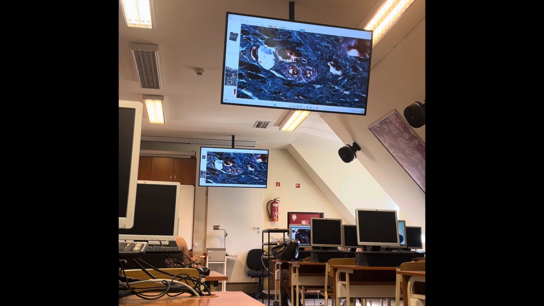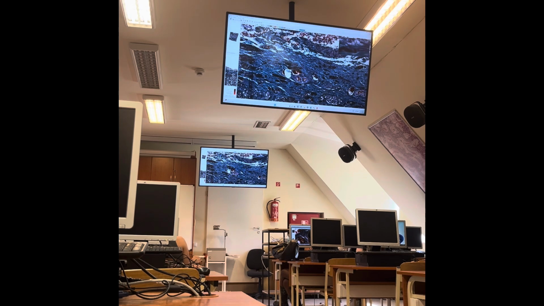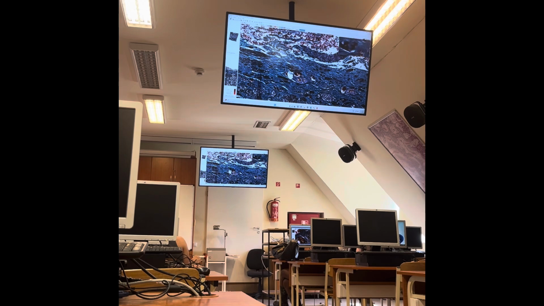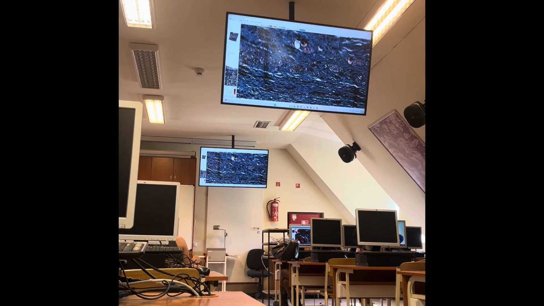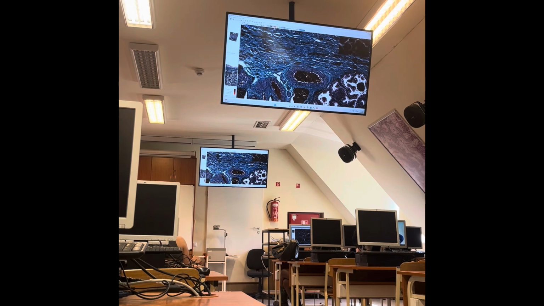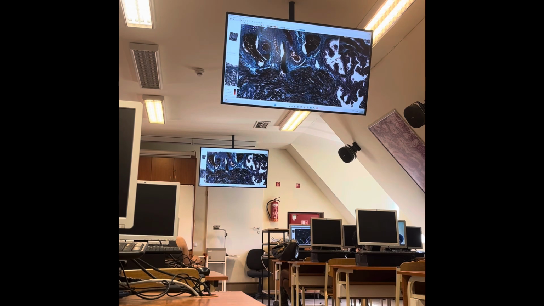Okay, the reason why this specimen was included in the series of sections is that with the aid of the coordinate staining, it is easier to distinguish between the muscular components of the stroma and the connective tissue parts.